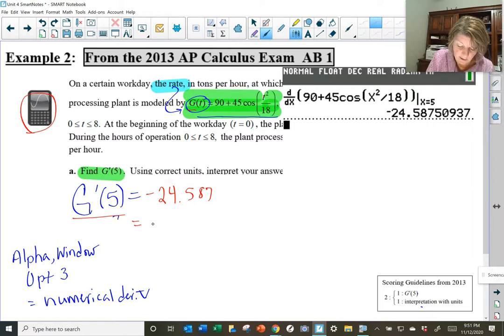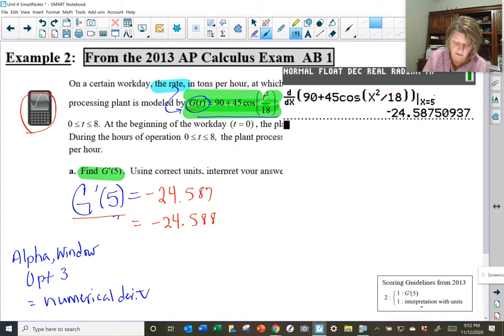Or I could give them an answer of negative 24.588. Either of those are accepted. You can truncate, just chop it at 3 decimals, or you can look to the next digit and decide if it should be rounded.